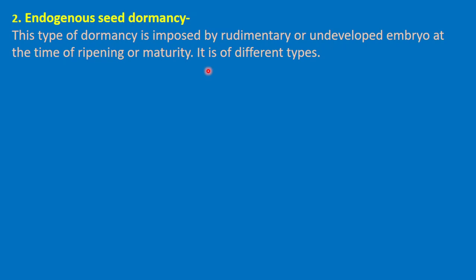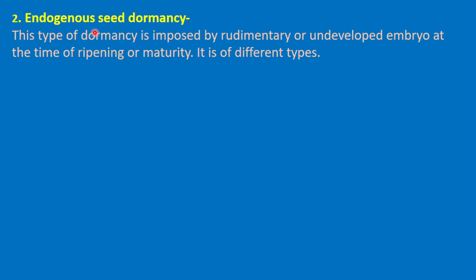Exogenous dormancy was the dormancy due to the outer tissues of the embryo, and endogenous seed dormancy is due to the embryo itself or different types of activities of the embryo itself.